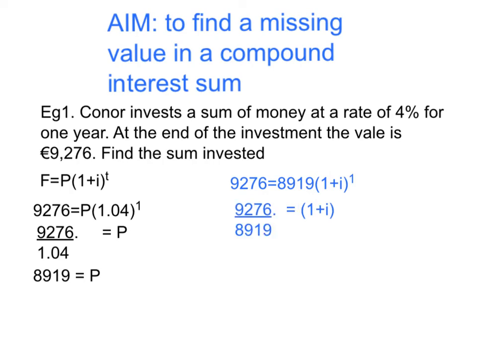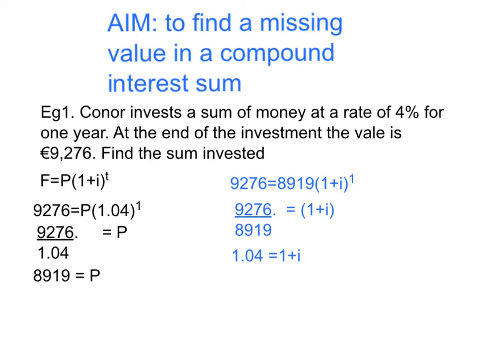So this is what I have here: 9276 over 8919 is equal to 1 plus I. Again, I've just got rid of the power of 1 in this case, because we're not dealing with more than 1 year. So we're just going to divide those two next. I divided both of these and I got 1.04, and that's equal to 1 plus I. I just got rid of the brackets because they were serving no purpose anymore.